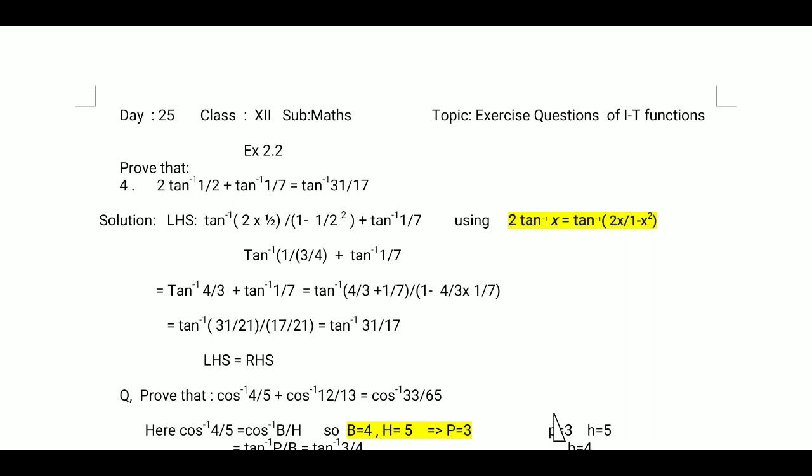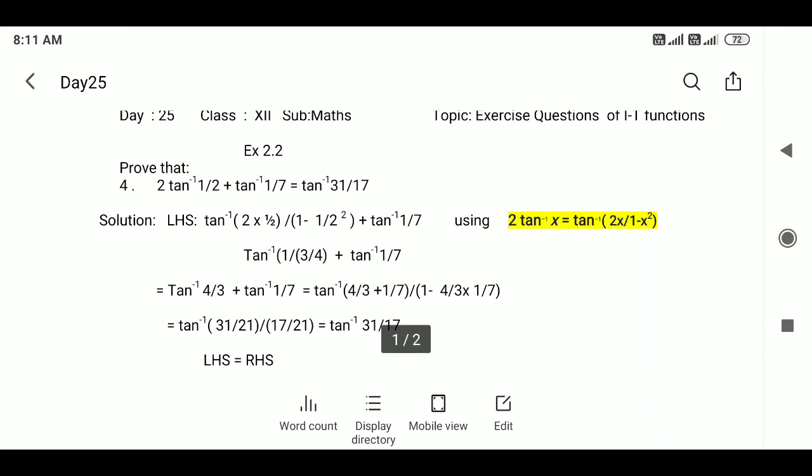That gives you tan inverse 31 upon 21 upon 17 upon 21. Cancel out 21, you get tan inverse 31 upon 17. So that is the value of RHS. So LHS is RHS, verified.